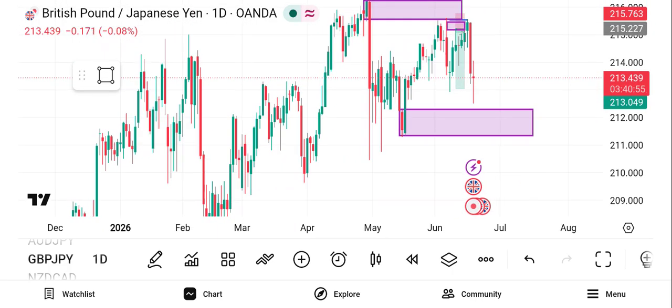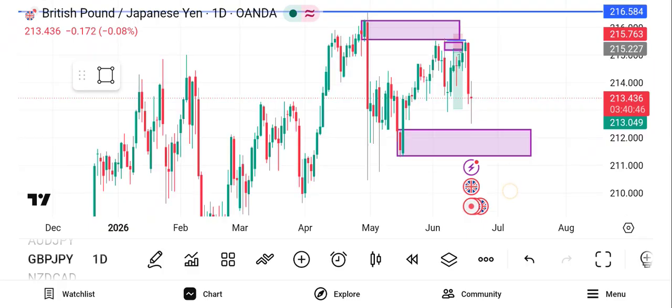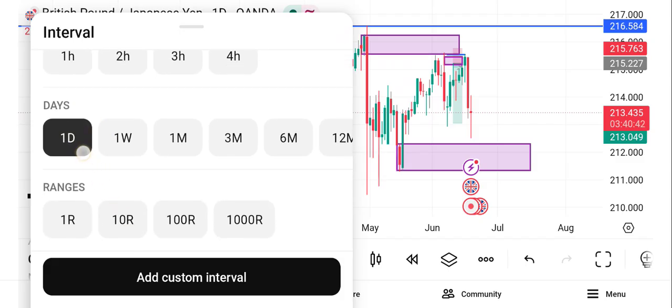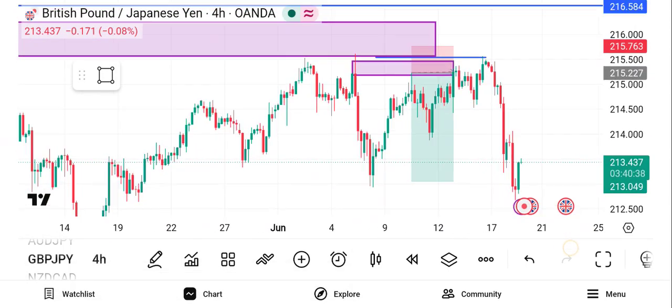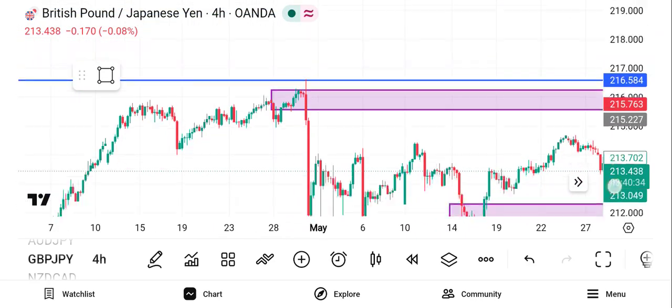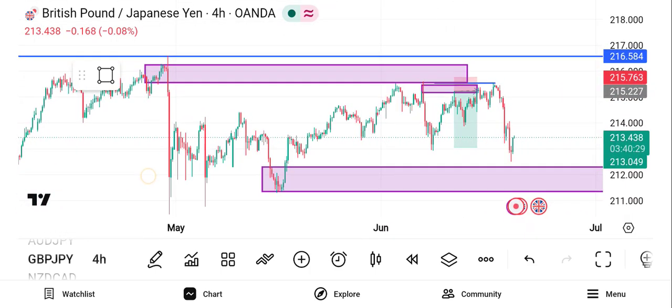So alright, let me explain how I was able to catch this sell. You can see the market has touched these daily time frame POIs. This is the daily time frame POI.